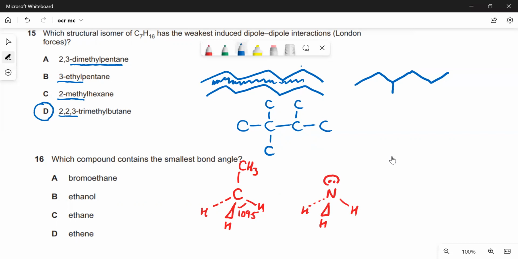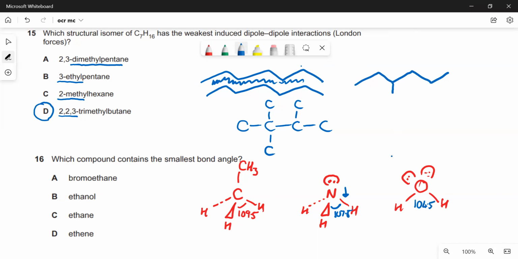It pushes down on those, so it makes the bond angles a bit less, makes it 107.5. In the case of oxygen, oxygen always forms 2 bond pairs and has 2 lone pairs. So what does that do to the 107.5 bond angle? It makes it even smaller, which is usually quoted as 104.5.